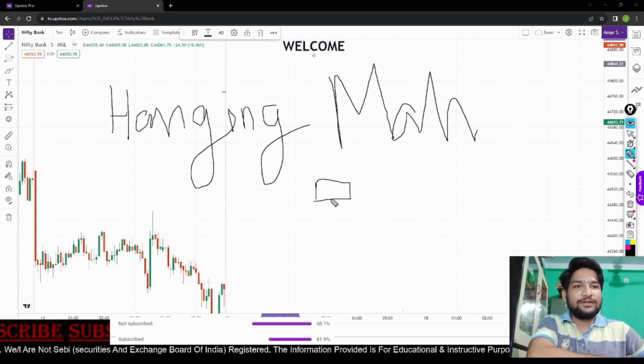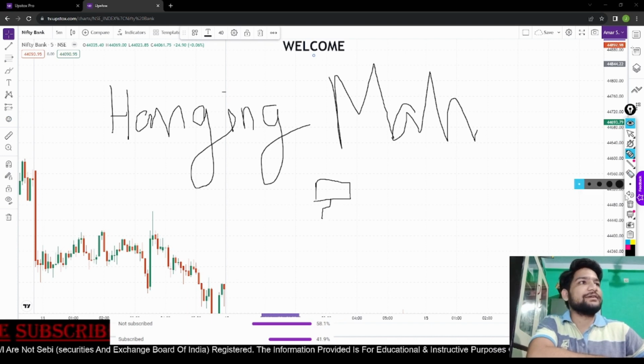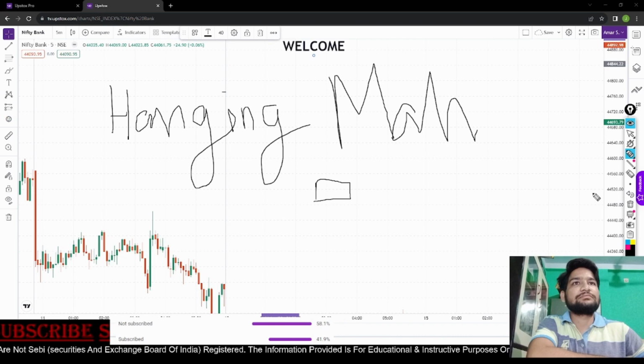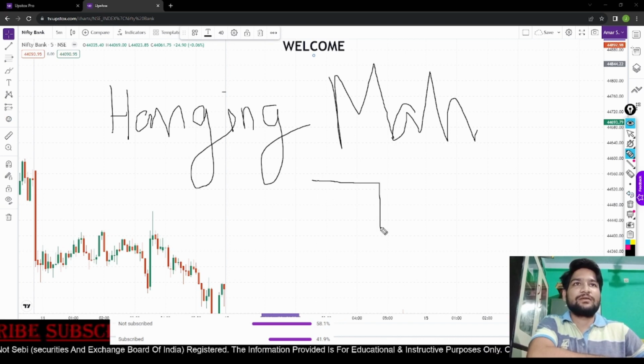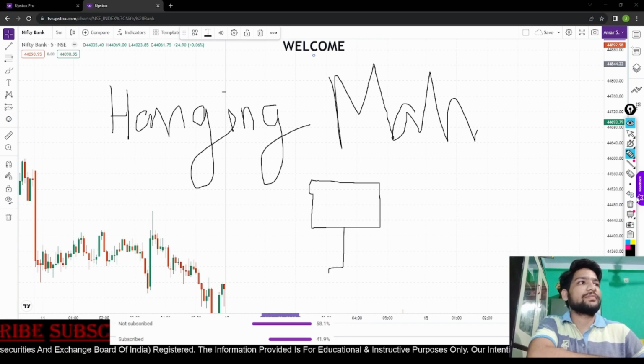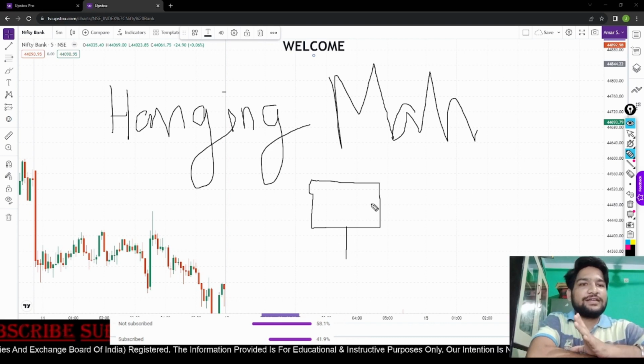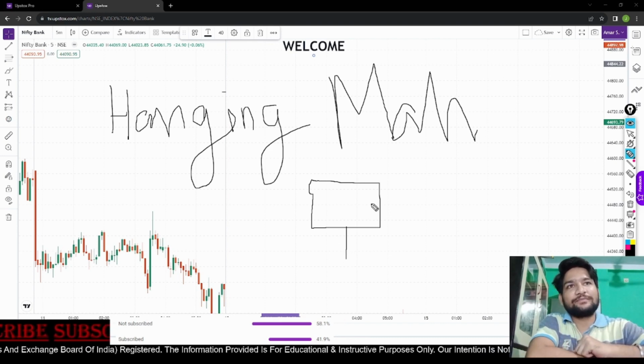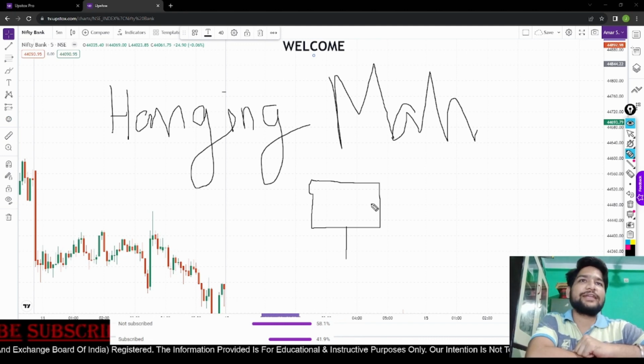If you have ever observed the shape of a hammer, it must be like this: like a rectangle, then at the bottom we have a stick, right? This is the resemblance of a hammer. It is also called a hanging man candle.